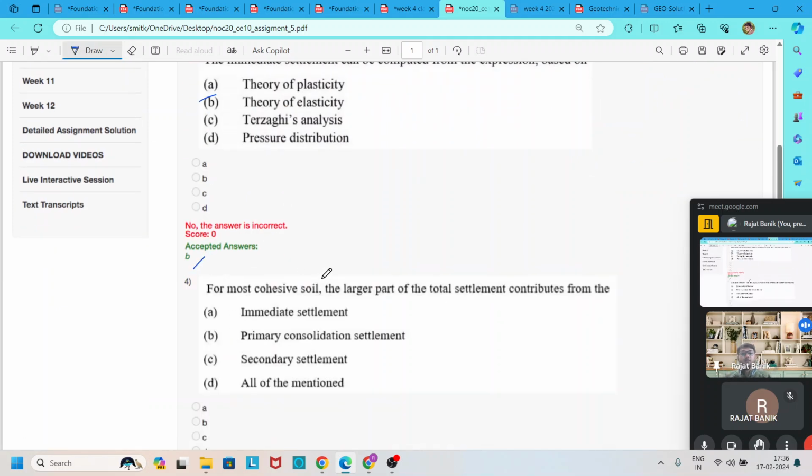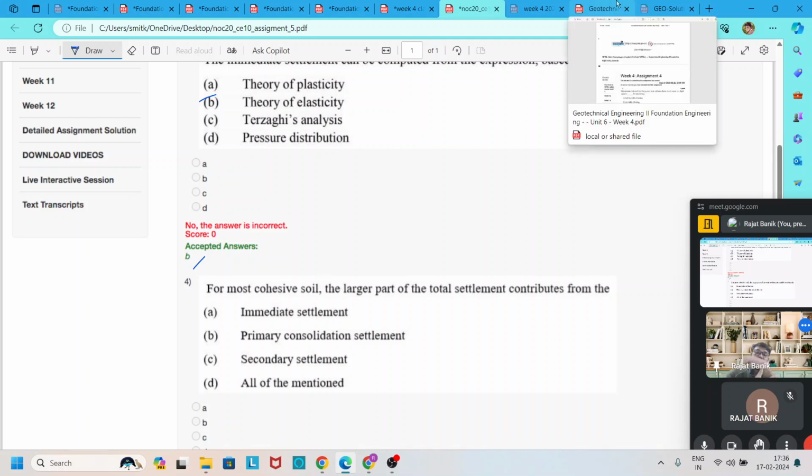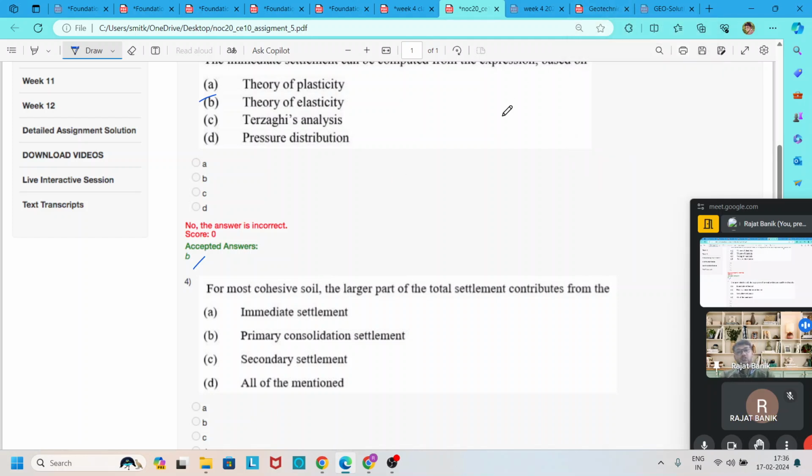Then question number 4. It is asked that for most cohesive soil, the larger part of the total settlement contributes from which settlement.